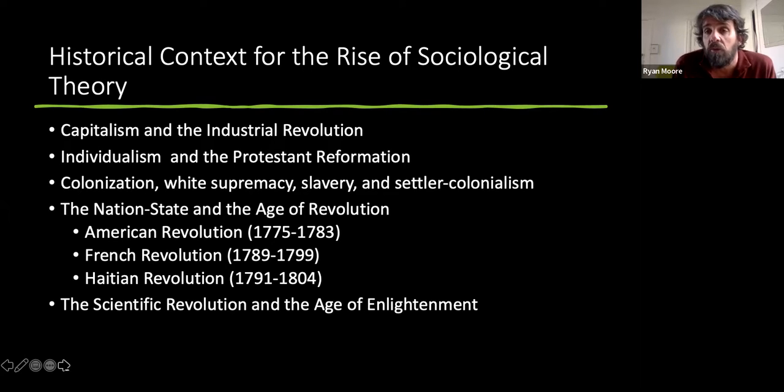And the Haitian Revolution, which in some ways picks up the torch from the French Revolution and takes it further insofar as it was a successful revolution by enslaved people who were living at that time in a French colony in the Caribbean islands.